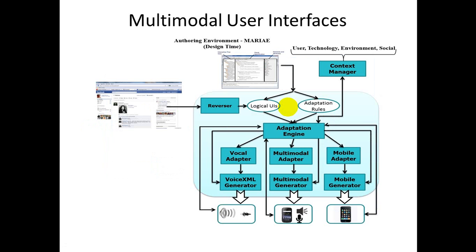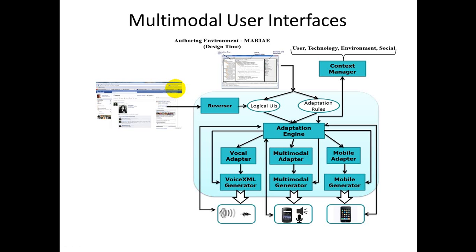Then multimodal user interfaces. In this figure we can see the general architecture for supporting adaptive multimodal user interfaces. The context manager is able to detect events related to the user, technology, environment, and social aspects.